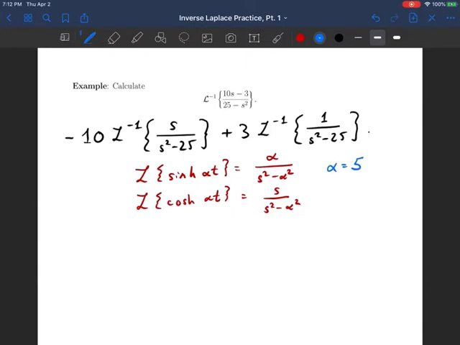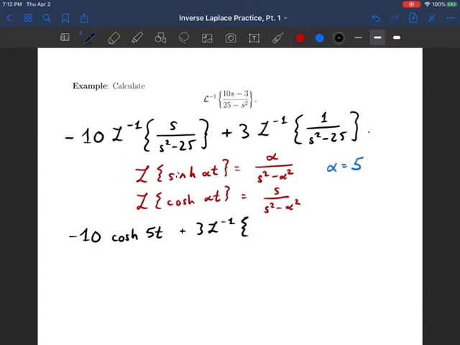But here, if we look at what we have, if we just let alpha equal 5, then this will match up with the two formulas that we have above. Almost. The only thing we need to do is get an appropriate number above the s squared minus 25 in the second term. So, for example, here we have minus 10, and this is exactly the inverse Laplace transform of the hyperbolic cosine of 5t.